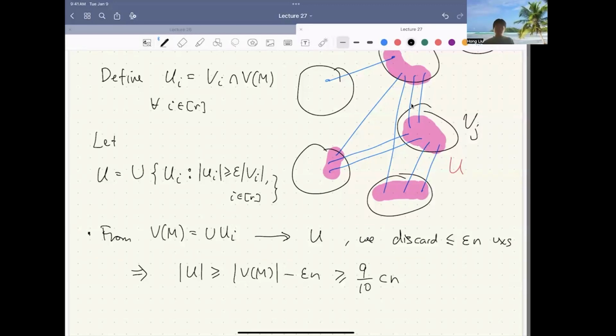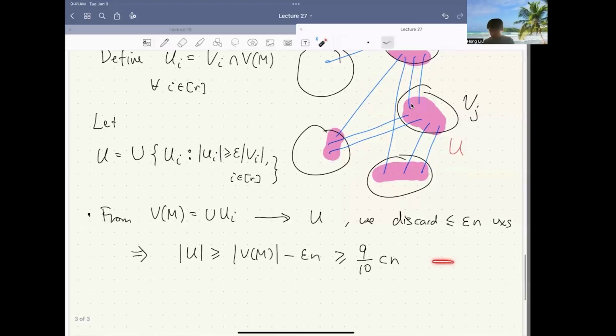Nine over 10 times Cn means that one of the matching edges in M must live in U, with both endpoints in U, right? Because if this is your M, how do you remove vertices so that all matching edges of M disappear? You have to remove one endpoint from each edge.